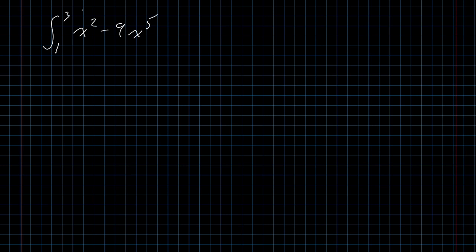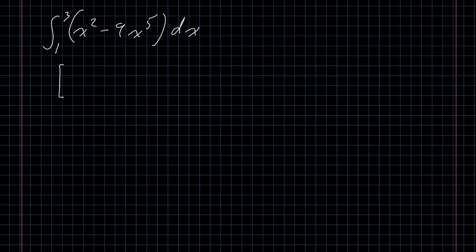Sorry, I'm starting to write two different examples on the screen at the same time. The integral from 1 to 3 of x squared minus 9x to the fifth dx. This is a definite integral. Again, we know that because there are limits of integration printed in the integral symbol.